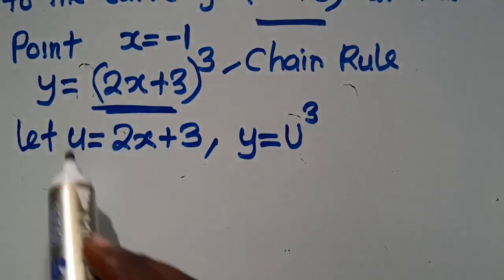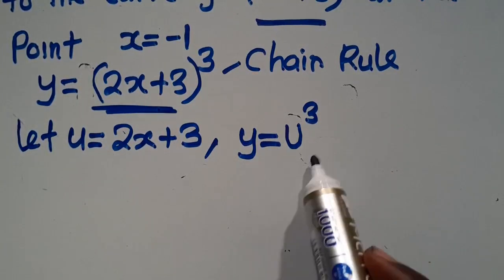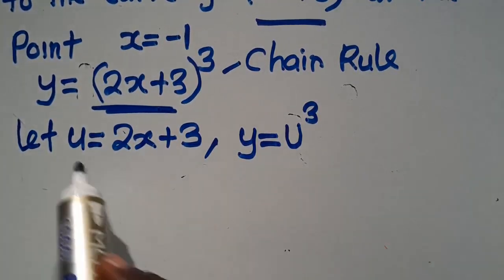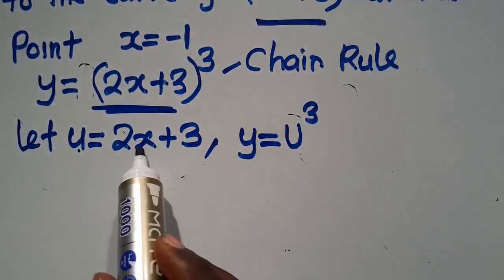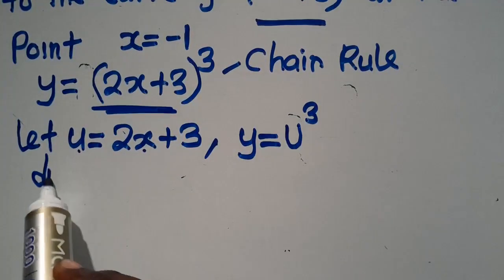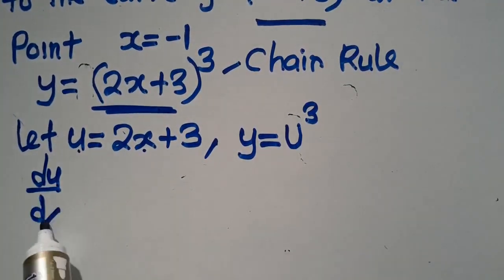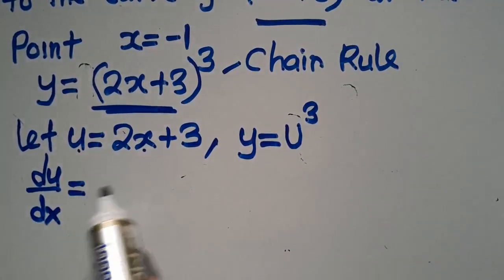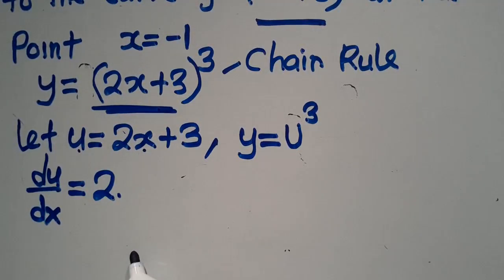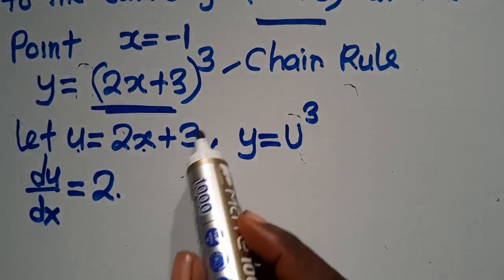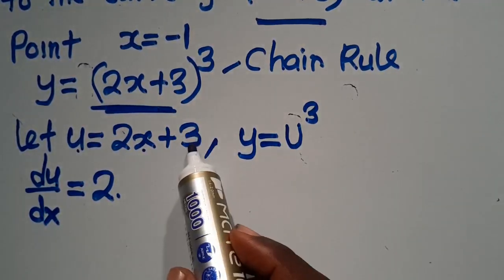Then you differentiate this part, you also differentiate this other part. How do you differentiate this? You are differentiating u with respect to x. So you say du/dx is equal to, what is the derivative of 2x? It is just 2. Under differentiation, a constant number differentiates to zero, so you just leave it like that.